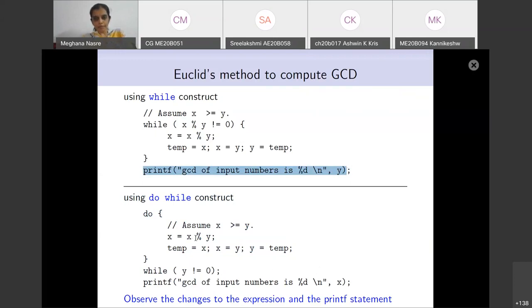So what we have done as our change is that instead of stopping, for example, for the 5 and 3 case where we had stopped at 2 and 1, we will go further and change it to 1 and 0, where x becomes 1 and y becomes 0, and then we will output x instead of outputting y, which is the change.